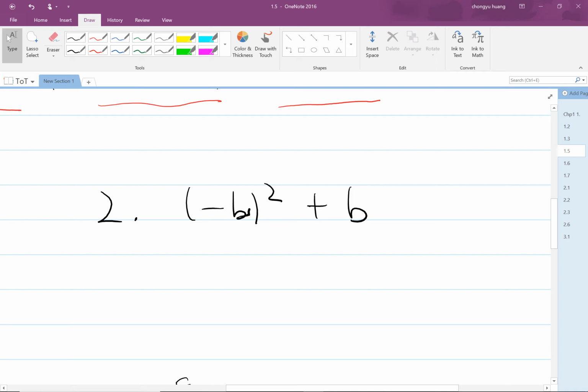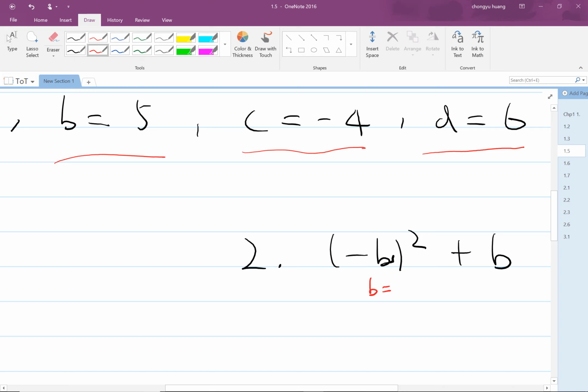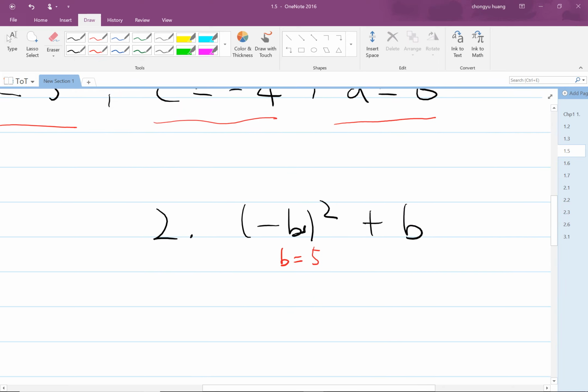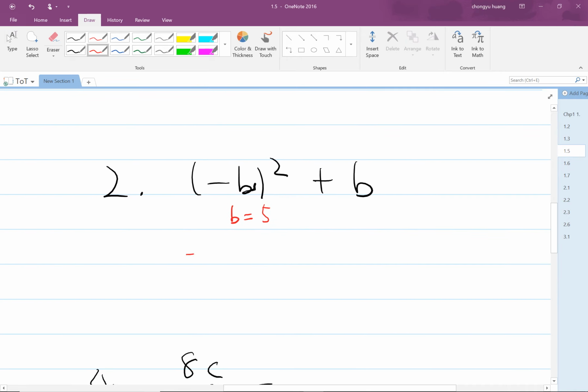Let me write down the value first. b is equal to 5 over here. So you plug in the number: (-5) squared, and then you plus b, which is 5.